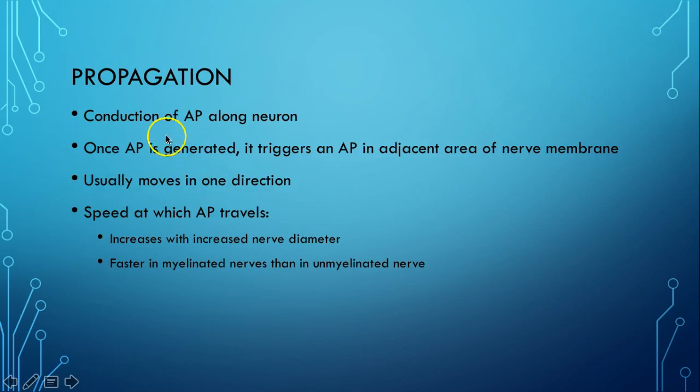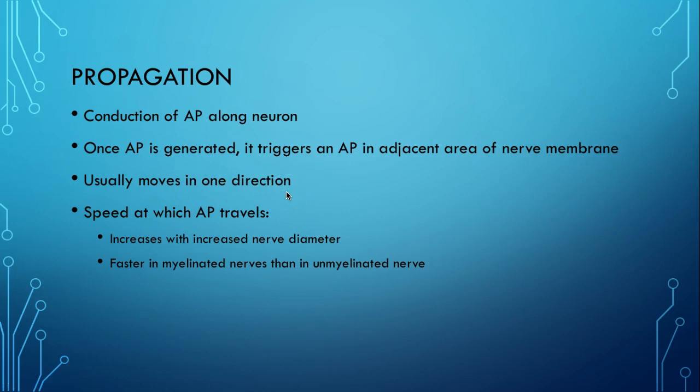Propagation basically just means the movement of that action potential on the neuron. If you can remember back from your physiology, you have the nodes of Ranvier. Once an action potential is generated, it triggers an action potential in the adjacent area of the nerve membrane, and usually moves in one direction.